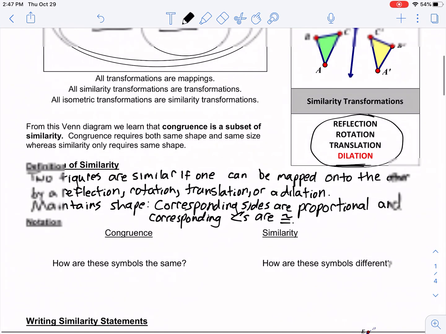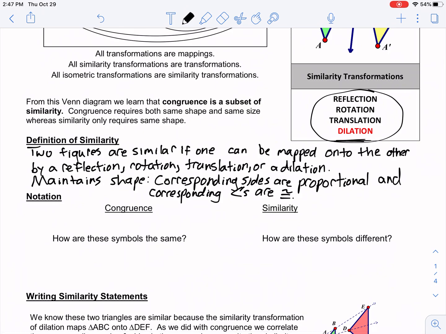So when we say it maintains shape, we're saying that the corresponding sides are proportional to one another. In other words, the ratios between the sides should be the same. And the angles are going to be congruent. The angles will be the same measure.